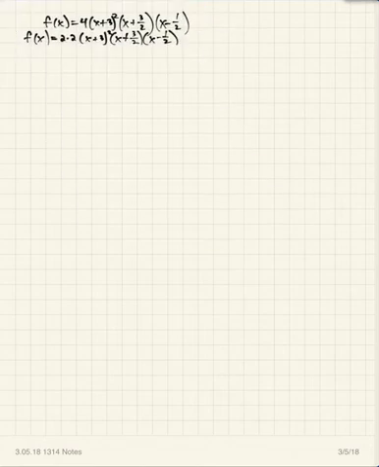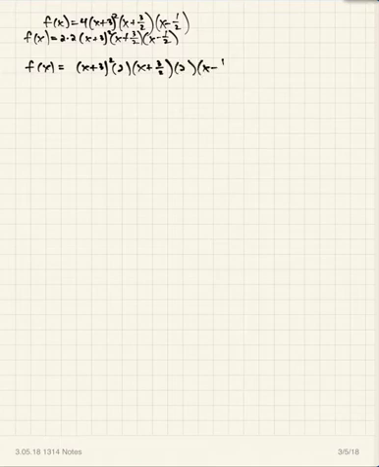There we go. So you take one of those 2's and you put it with the x plus 3 halves, and you take the other 2 and you put it with the x minus 1 half. And then look what happens.